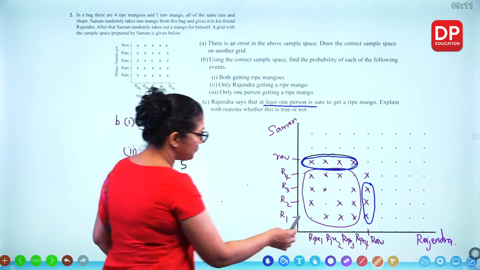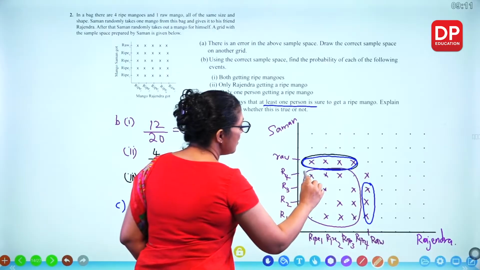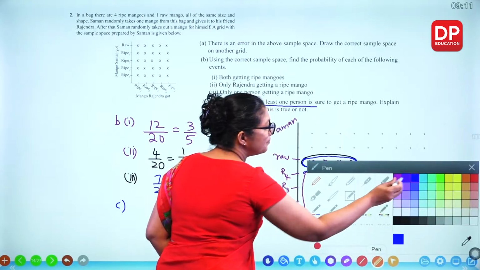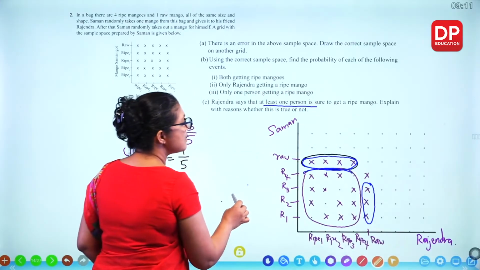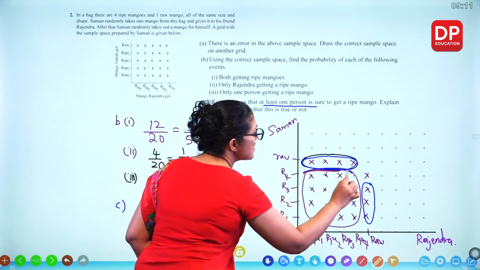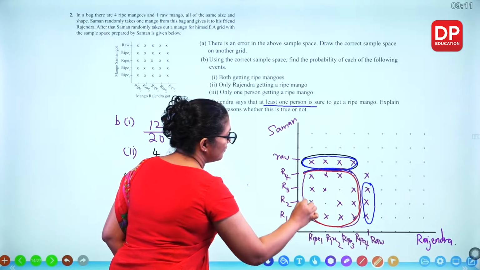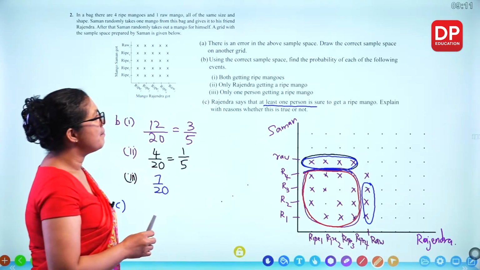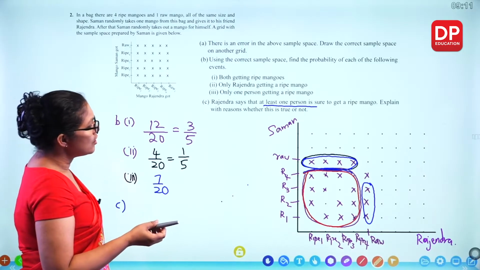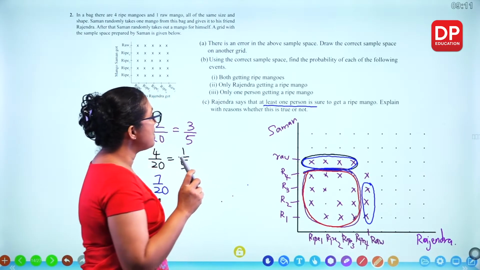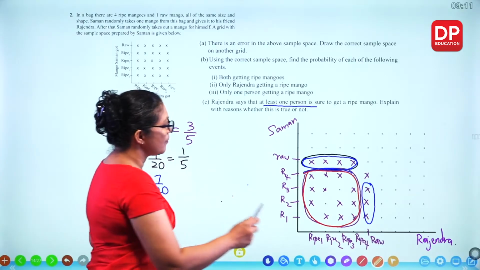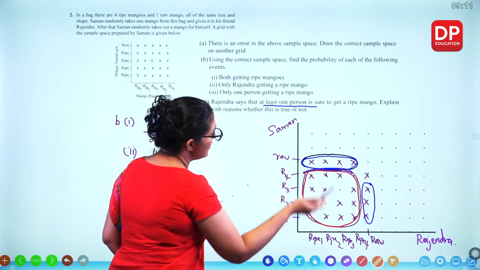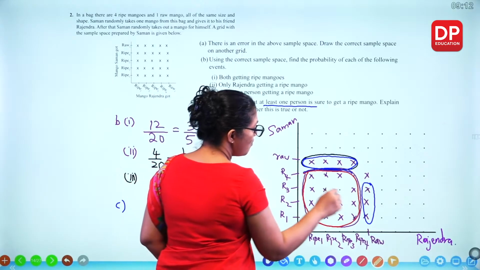So here, what's the set? I'll take another color, red, and identify. So this is both are getting ripe mangoes. And also, at least one person means if Rajendra gets a raw one, someone can get a ripe mango.